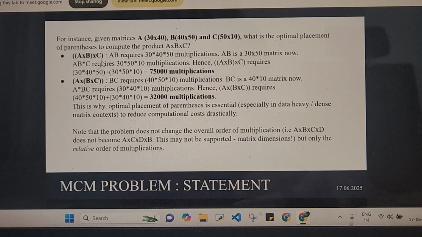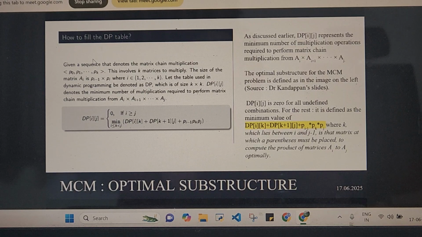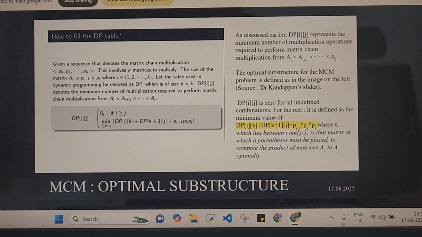It's still A times B times C. So K can be anything from I up to J minus 1. That is why the range of K is defined as such. So now you know what K represents, which is that intermediate matrix at which we split, and why K is defined within a specific range, which is I to J minus 1.